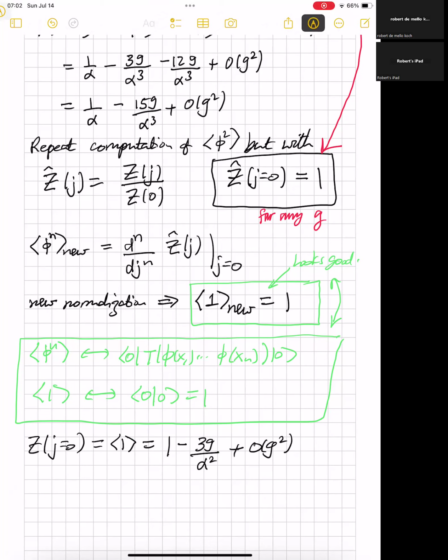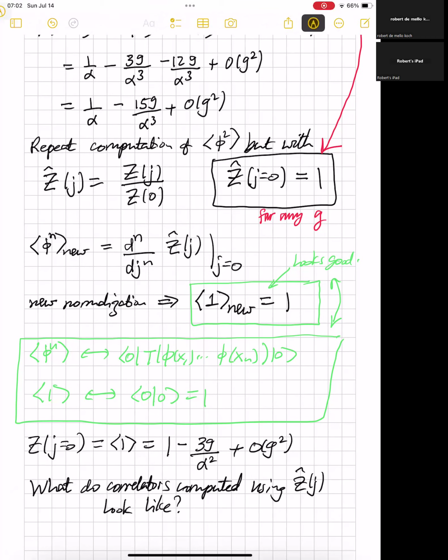Here I'm just using computations that we've done before. So now a natural question to ask is, what do correlators computed using z hat of j look like?